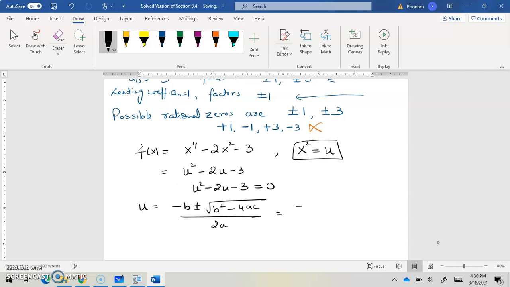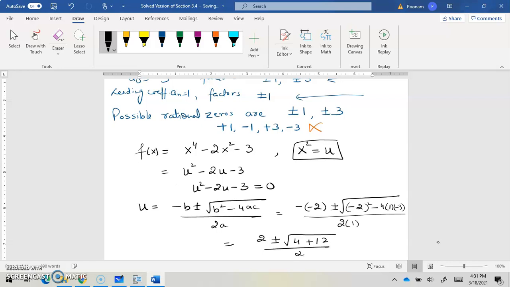You can use the formula -b plus minus square root of b square minus 4ac, all divided by 2a. b is -2, so this is 2 plus minus square root of (-2) whole square minus 4 times 1 times -3, whole thing divided by 2. If you solve that, you get 2 plus minus square root of 4 plus 12, by 2.